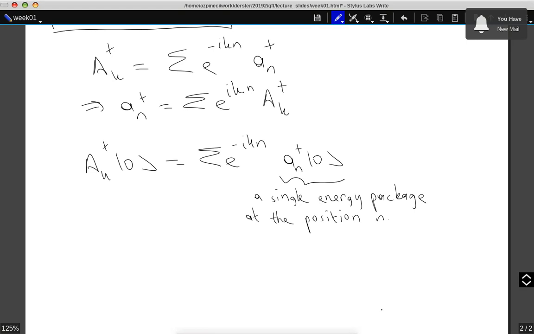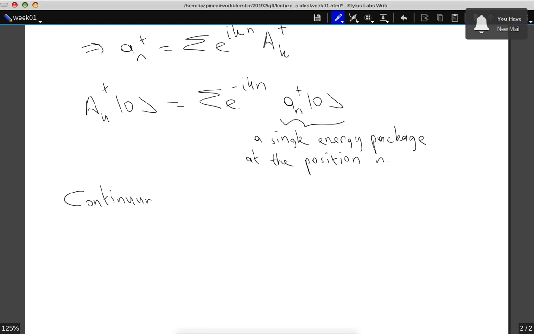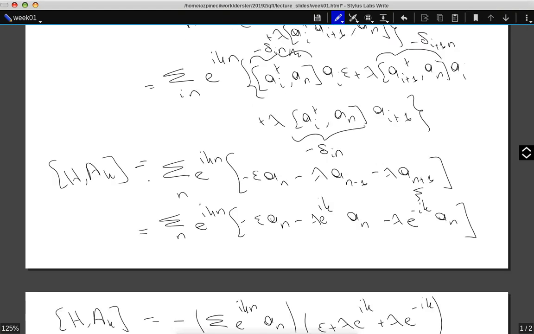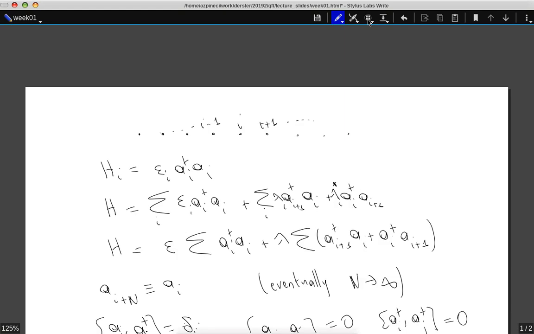What does it look like in the continuum limit? Well, this was the Hamiltonian we had.